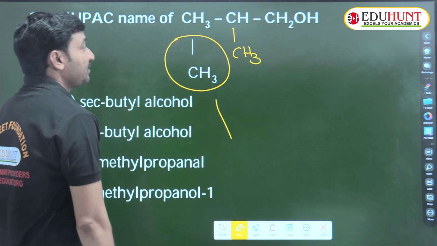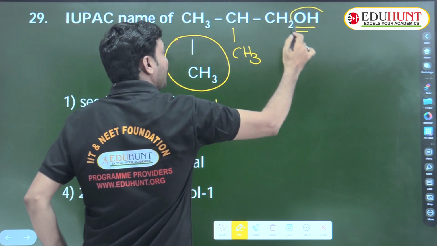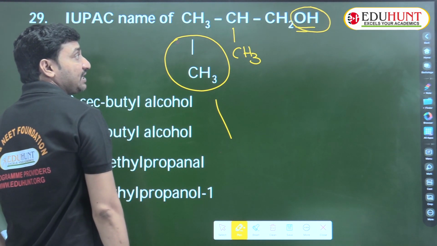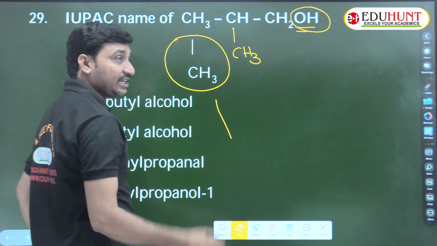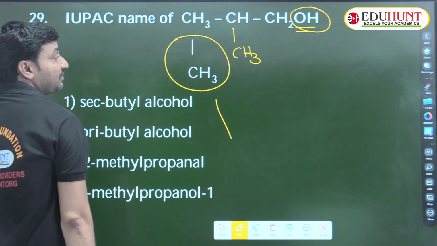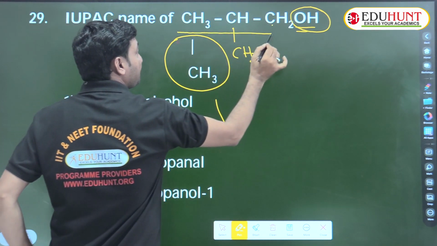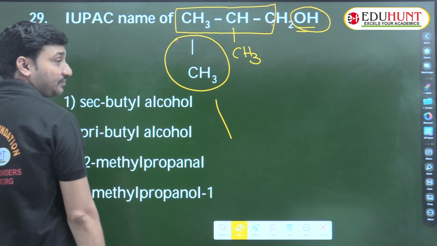If you observe, there is one functional group, right? Which functional group is that? OH. Then we have to select the longest possible continuous chain in which the functional group carbon should be involved in the parent chain. So this is the parent chain, right?